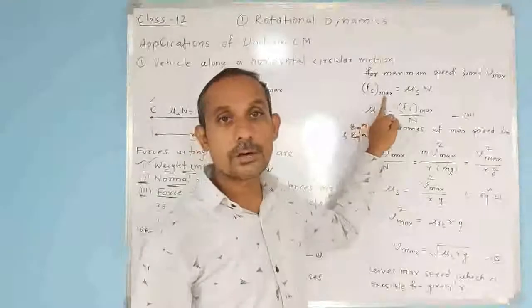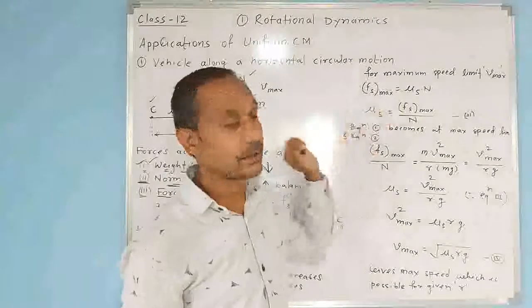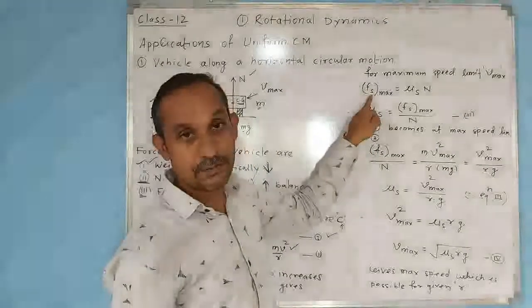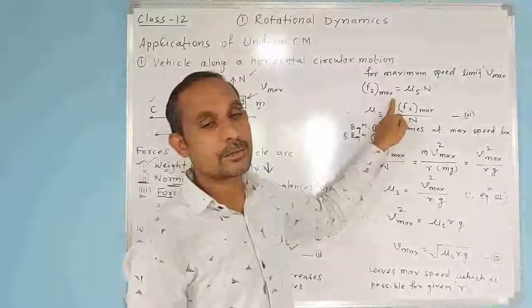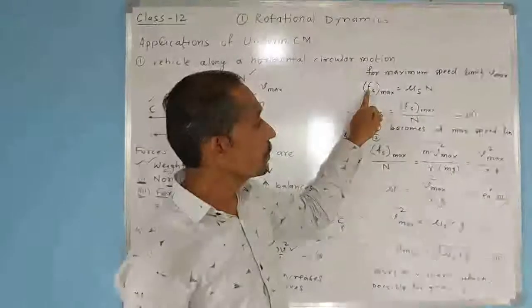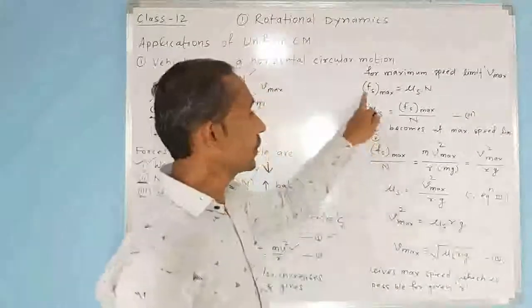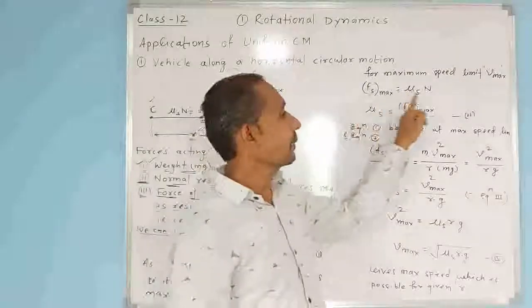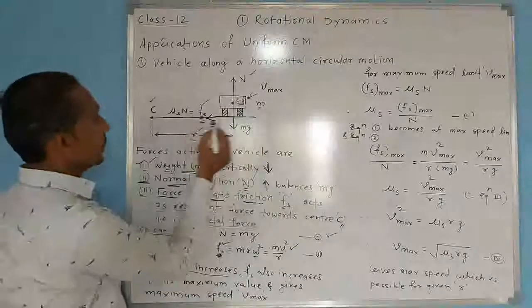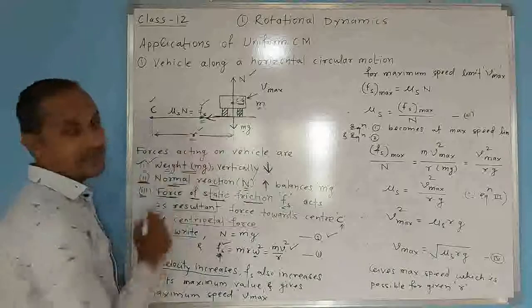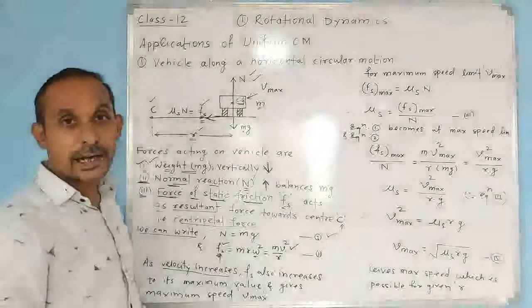So the maximum speed limit, Vmax, corresponds to the maximum force of static friction. We know the force of static friction Fs, its maximum value is indicated by max. That is the frictional force, and the frictional force always depends on the normal reaction.